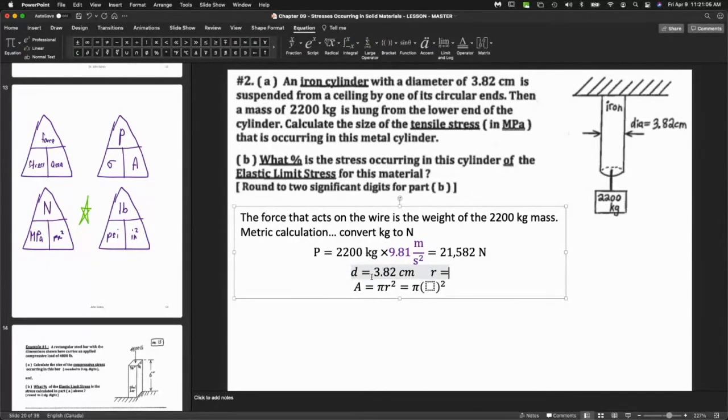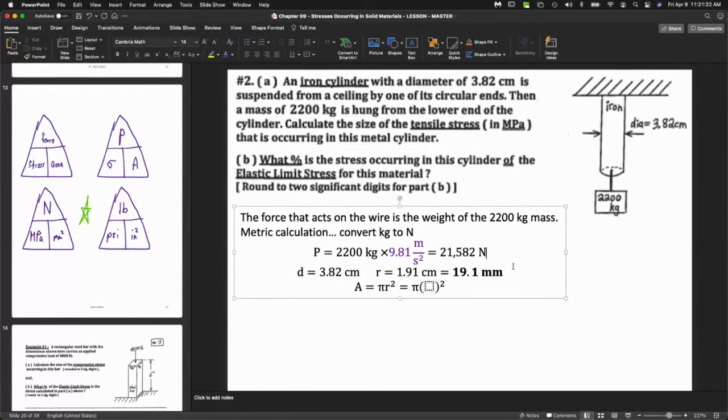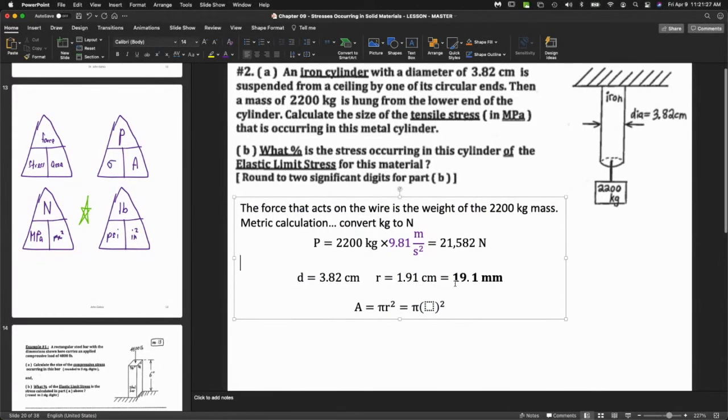You're close, my friend. But we need to convert that to millimeters. So that's 19.1 millimeters. We have to be attentive to this step. This is the little stuff that kicks you in the butt. This is the stuff where you think, I should have got perfect, but I forgot about something silly.